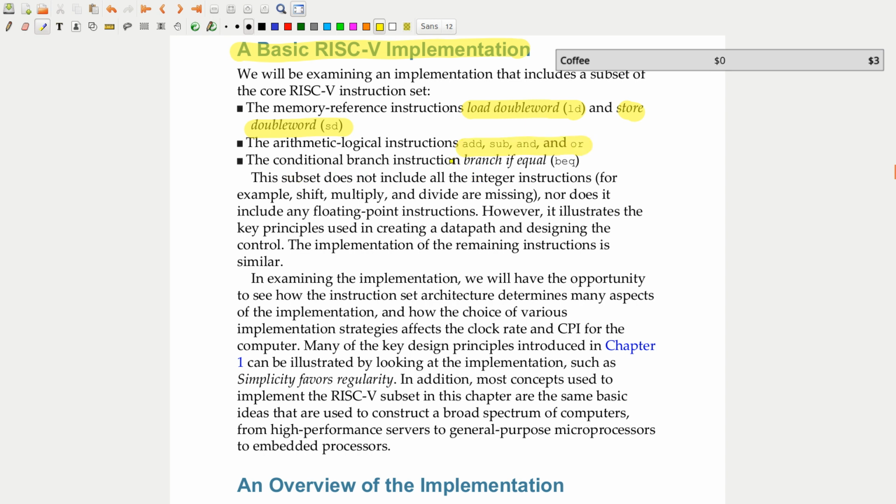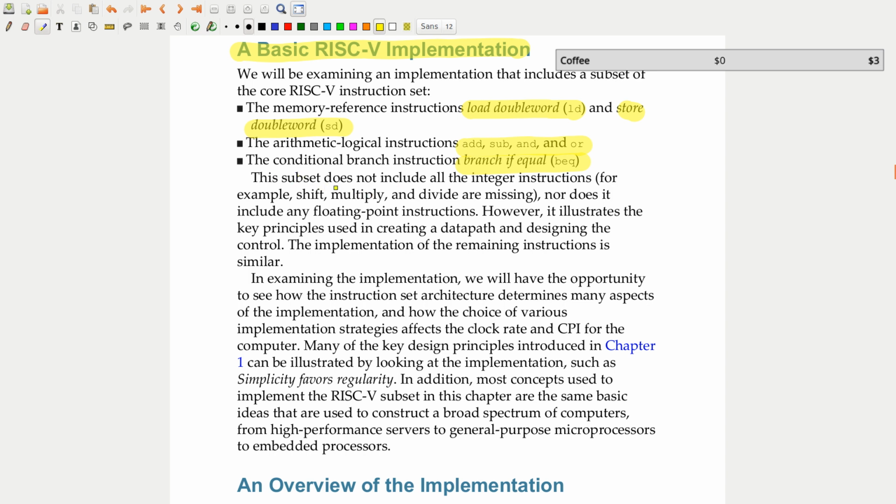And we at least have to support something such as the branch if equal. So in order for us to have a semi-functional processor, we at least have to be able to take things in and out of memory. We have to be able to do some basic operations, adds, subtracts, logical operations like AND and OR. And then we have to be able to jump around in the program.